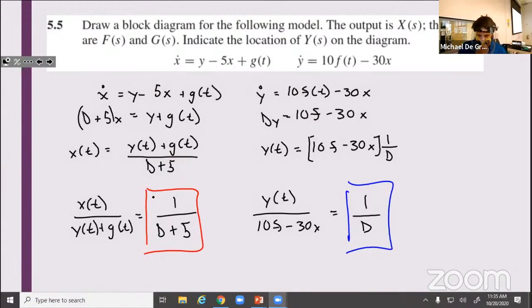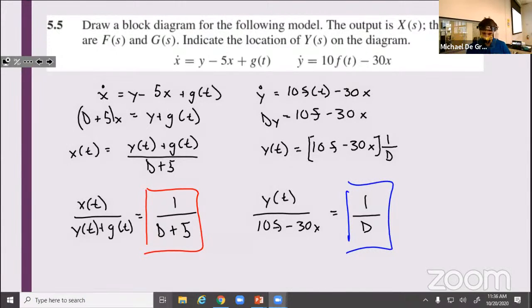Well, it doesn't really matter. We'll start with the y of t side. You can start wherever you like, but I'm going to start with this y of t equation. Well, y of t is equal to what? It's equal to 10f minus 30 times x times 1 over d.